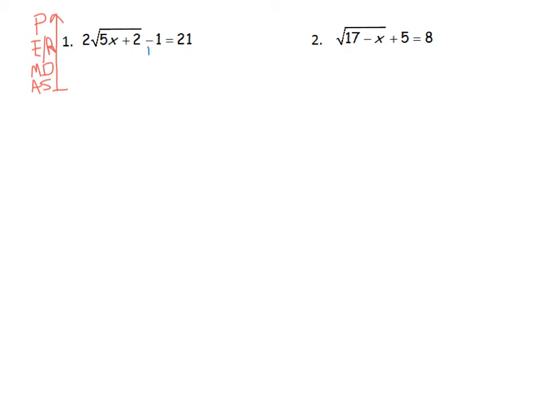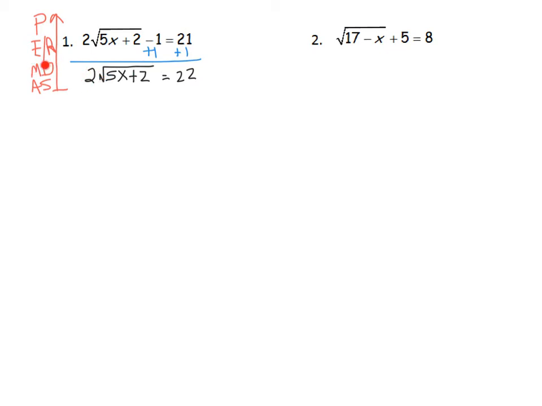So we're going to start by doing the opposite here. We're going to add 1, just like we've always done with equations like this. And we're going to get 2 times the square root of 5x plus 2 equals 22. Now, our goal here is to get this radical part isolated on one side of the equal sign.